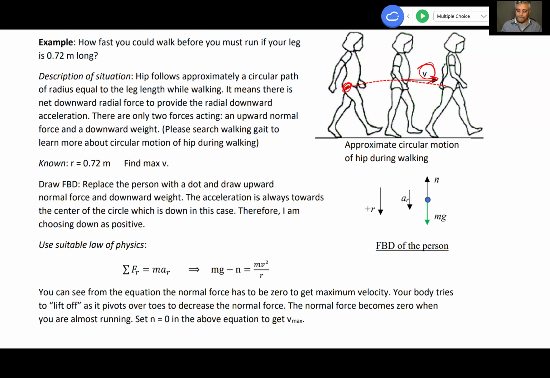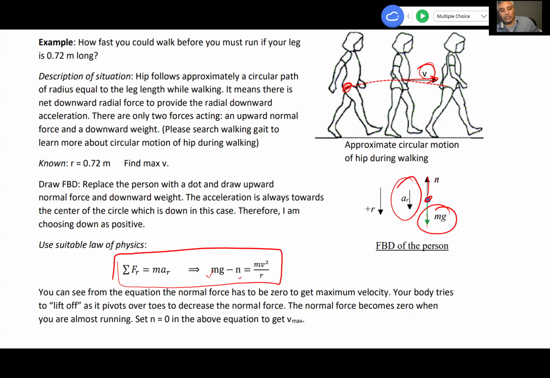You can draw a free body diagram: normal force is up, mg is down, and the radial acceleration is down. So you can use the equation like this. mg is down, so it's positive, and normal force is up over there.